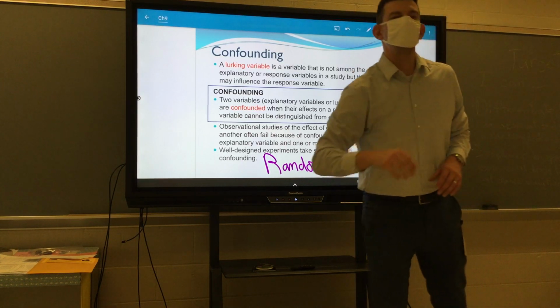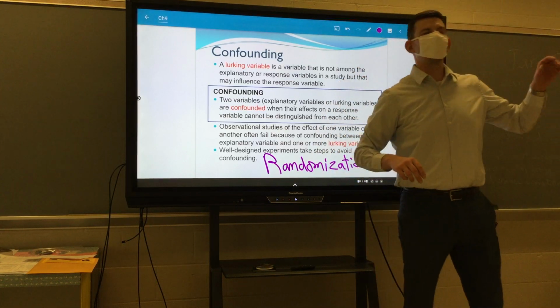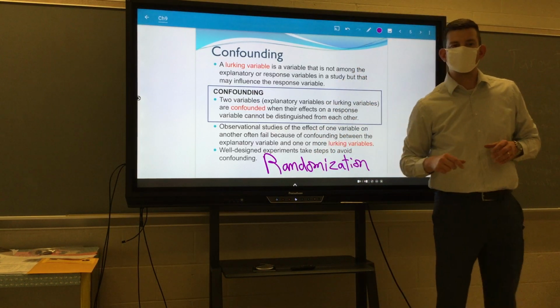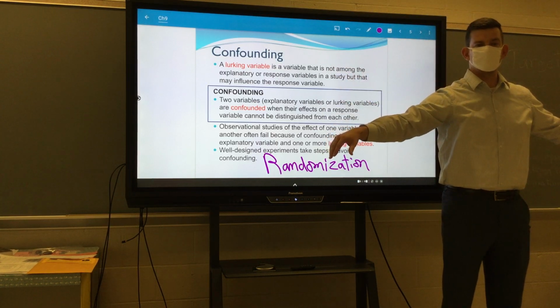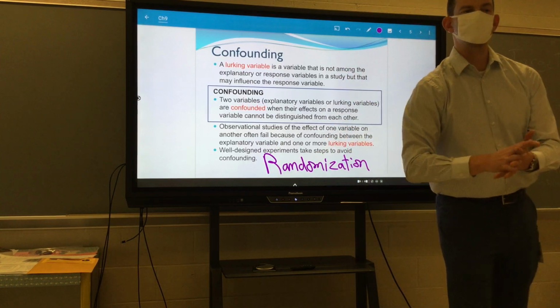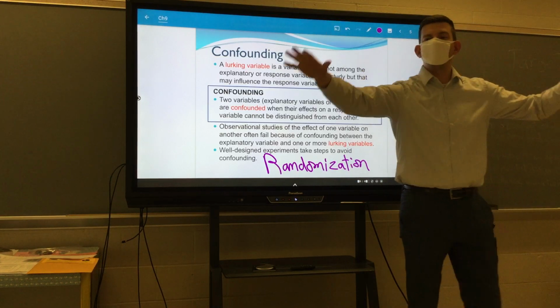Well, those behaviors, like bad exercise habits, are also being randomly distributed between the two. As long as your sample is large enough, that should be balanced out.